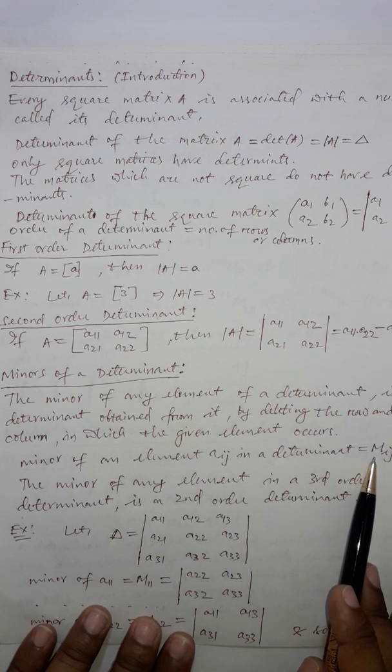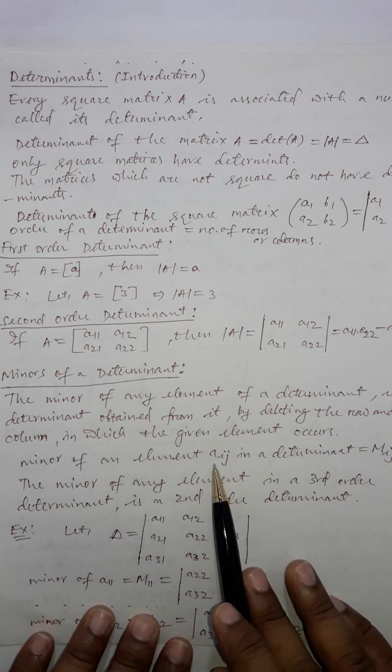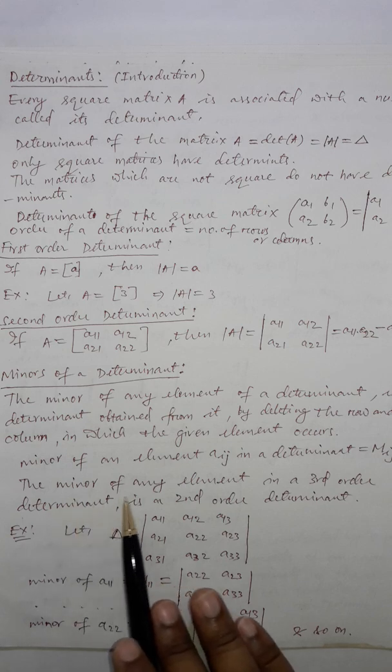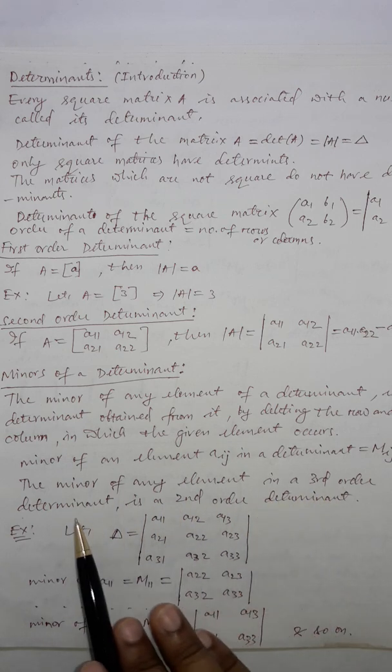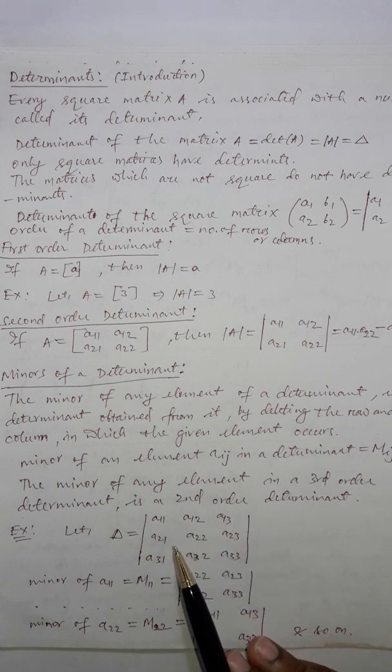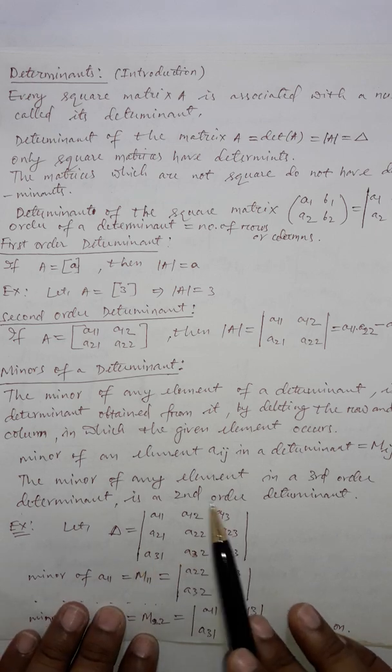Symbolically, I will write it as Mij. The minor of aij is written as Mij. So, the minor of any element in a third order determinant is a second order determinant, as I told you before. To understand this further, let us take one determinant of third order.